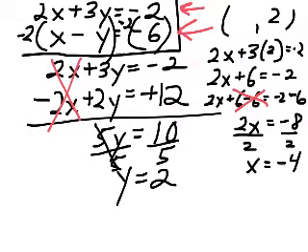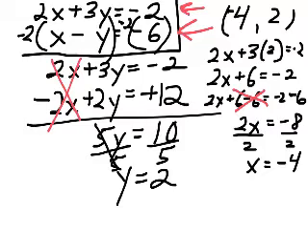So I'm going to stick that up here. So I have the coordinate pair, oops, a negative. That's a negative -4. Okay, so the coordinate pair is -4, 2. So now we're going to stick that into both our equations. Make sure it works.